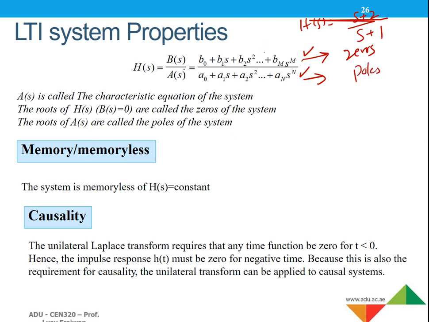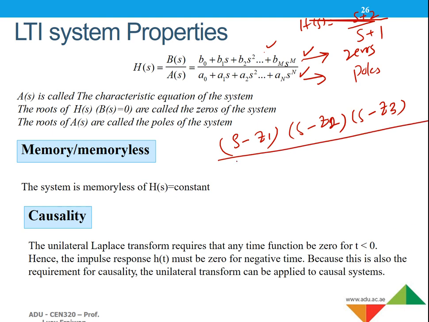We can also write this transfer function in factored form: we factor the polynomial and get the linear factors. Similarly, the denominator can be written like this, with the different poles. If you put the numerator equal to 0, we get the zeros, and if you put the denominator equal to 0, we get the poles of the system.